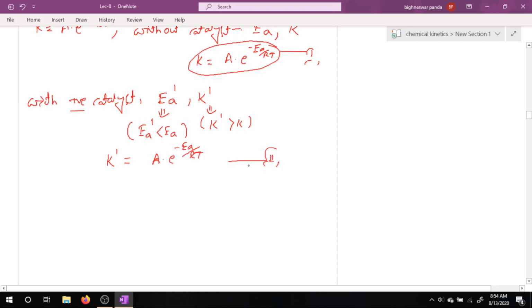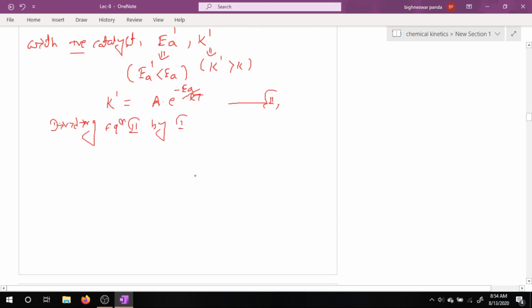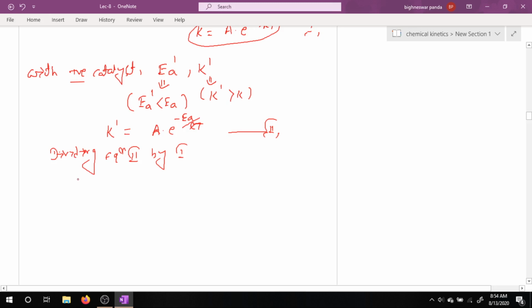So dividing equation 2 by 1, we have K dash by K is equal to A into e to the power minus Ea dash by RT divided by A into e to the power minus Ea by RT. So A and A cancel with each other.